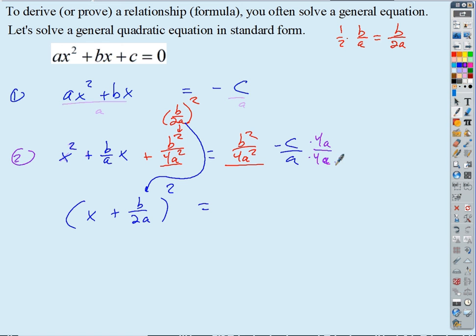That's an a, right? So then that's going to give me my common denominator of 4a squared, and on the top I'm going to get b squared minus c times 4a. Well, I'm going to write that as 4ac. Okay? Stay with me? Okay?